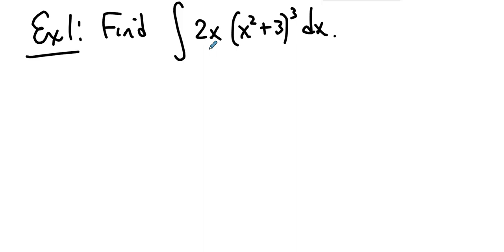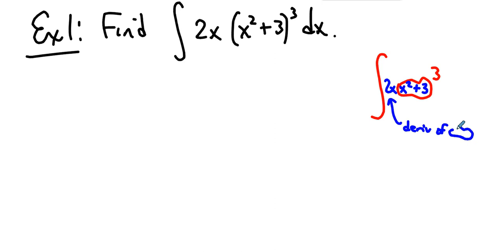But we notice something. We notice that this is the integral of chicken nugget cubed, really, right? And we notice that this chicken nugget has a derivative hiding out somewhere else in the problem.